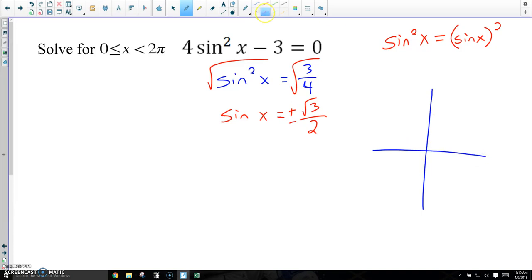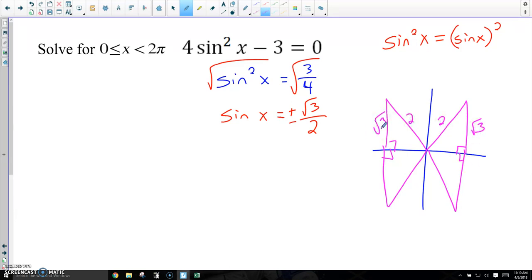So in my coordinate plane, I would have triangles in all 4 quadrants. And the opposite would be the square root of 3. The hypotenuse would be 2. That makes each one of these 60 degrees.